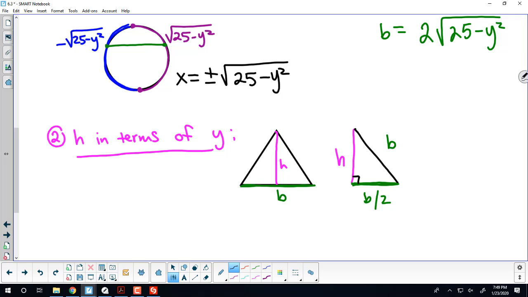So from this, use the Pythagorean theorem. Solve for h, or solve for b, whichever one.